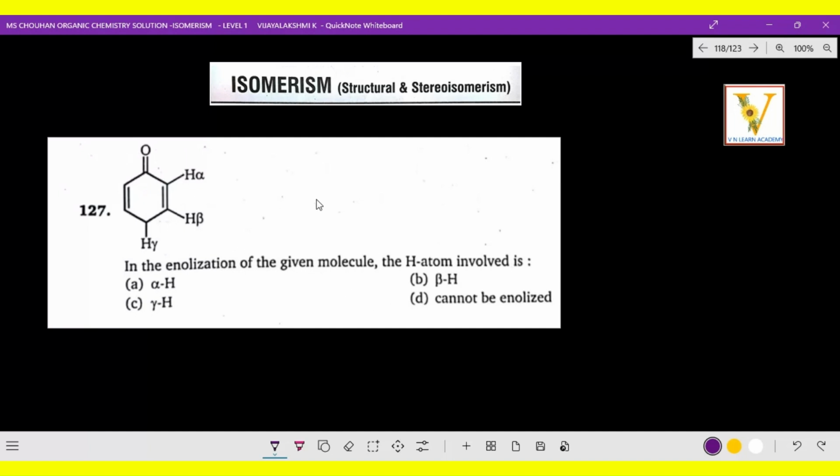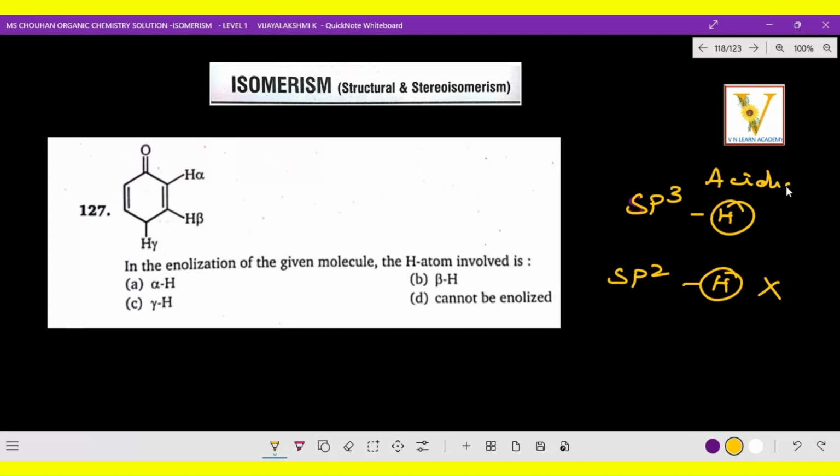As I mentioned, the rules of aromaticity, resonance, intramolecular hydrogen bonding and active methylene group all apply. The sp3 hydrogen is the one possible for ionization, giving acidic hydrogen, whereas sp2 hydrogen is not possible for ionization.